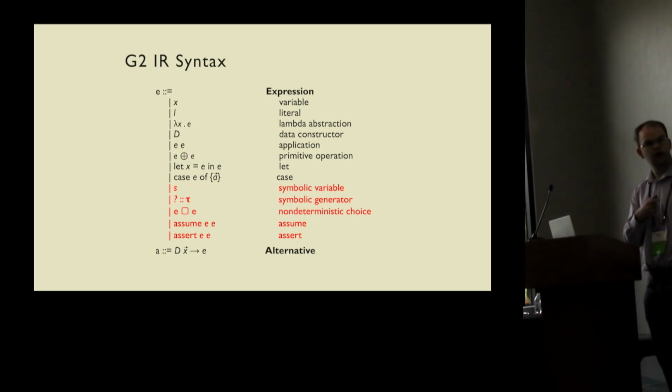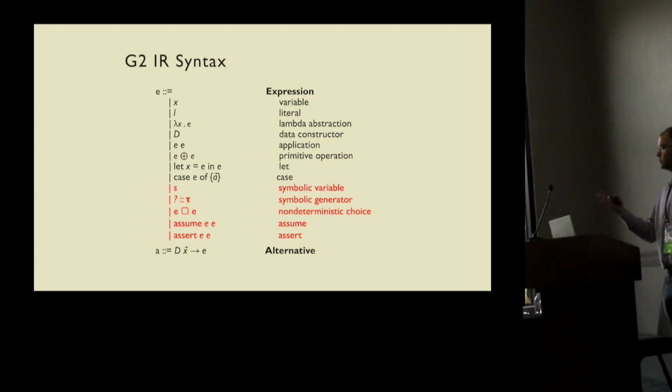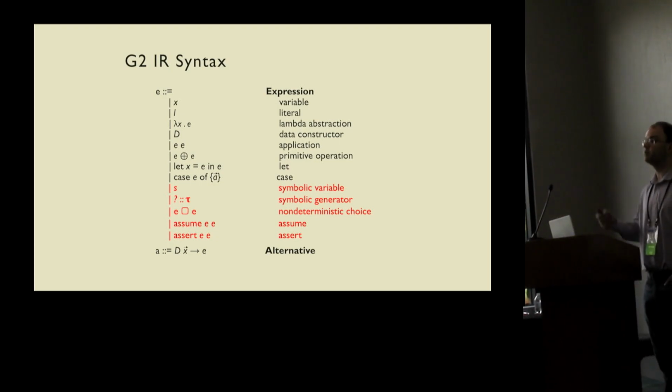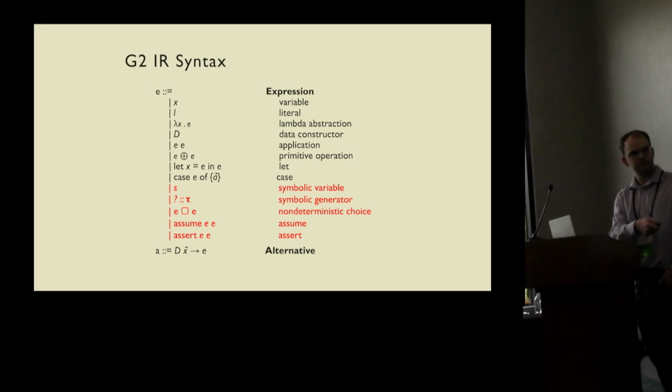We have non-deterministic choice, choose to execute either expression 1 or expression 2. And then we have assume and assert, which take an expression to either assume is true or assert, or check if it is true, and then a second expression to continue evaluation with. So this first expression is always going to be a Boolean that we're checking. The second expression is something that we're going to evaluate to continue running the functional program.